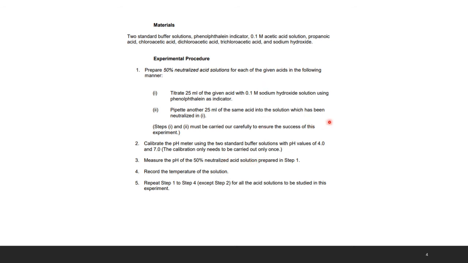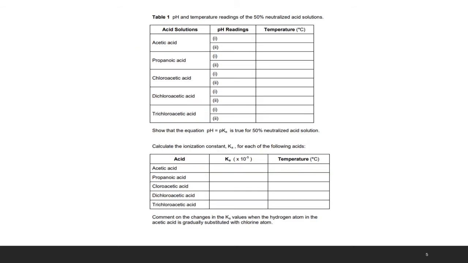Because there's a tendency to overshoot during your first titration, students usually do it 3 times and take the average of the second and the third. Unless you do it carefully the first time and don't overshoot, then you can take the second time, so you only do 2 titrations. Experimentally, it's very easy to conduct.